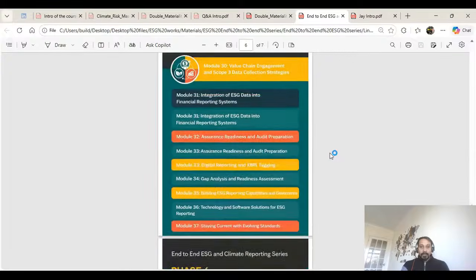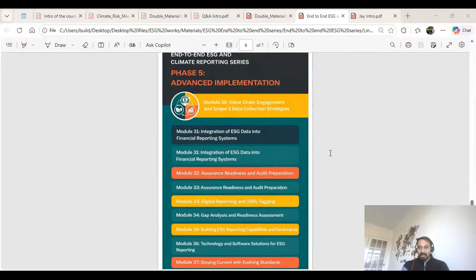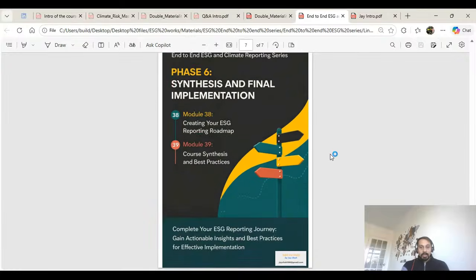Then phase five will be the implementation of advanced topics for the various scopes. That covers scope three, supplier engagement, ESG data integration, assurance readiness for limited and reasonable assurance, digital reporting and XBRL reporting, and also gap analysis and governance structure. Phase six will be the synthesis of the final implementation.